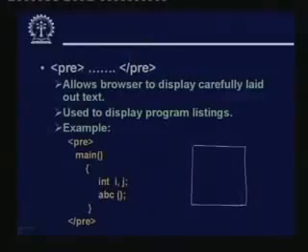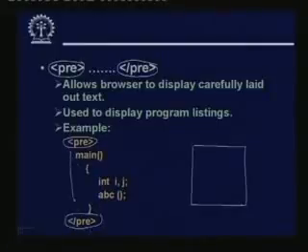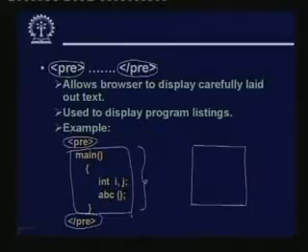So there is a tag called the pre-formatted tag, pre in short, begin pre, end pre. Whatever you include between the begin pre and end pre, for example here we have included a C program segment, will get displayed exactly in this format. Normally in the pre-formatted display, the font is a monospace font like Courier.